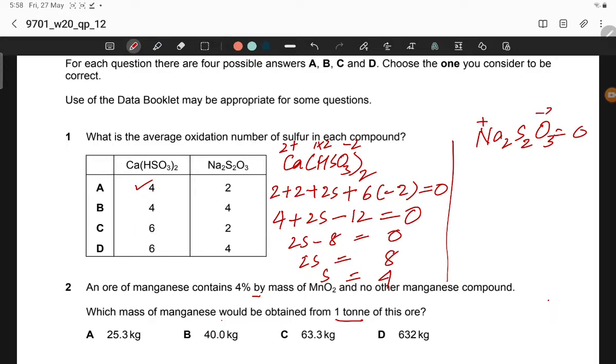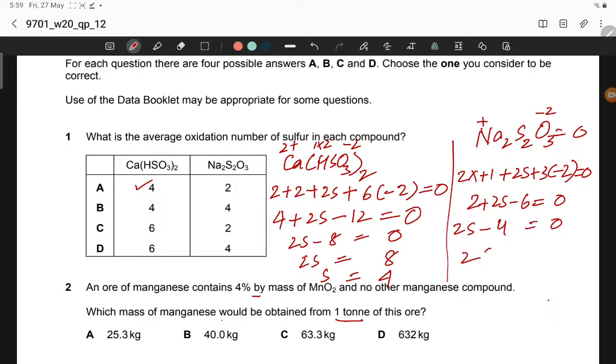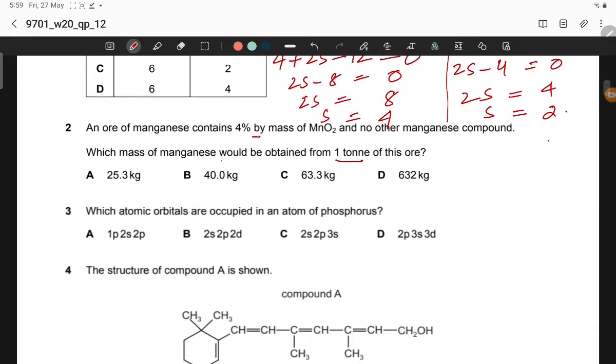Sodium carrying +1, oxygen carrying -2. 2 atoms of sodium plus 1, plus 2s, plus 3 minus 2 is equal to 0. 2 plus 2s minus 6 is equal to 0. 2s minus 4, 2s is equal to 4 and s is equal to 2. So this is 2. A option must be correct.